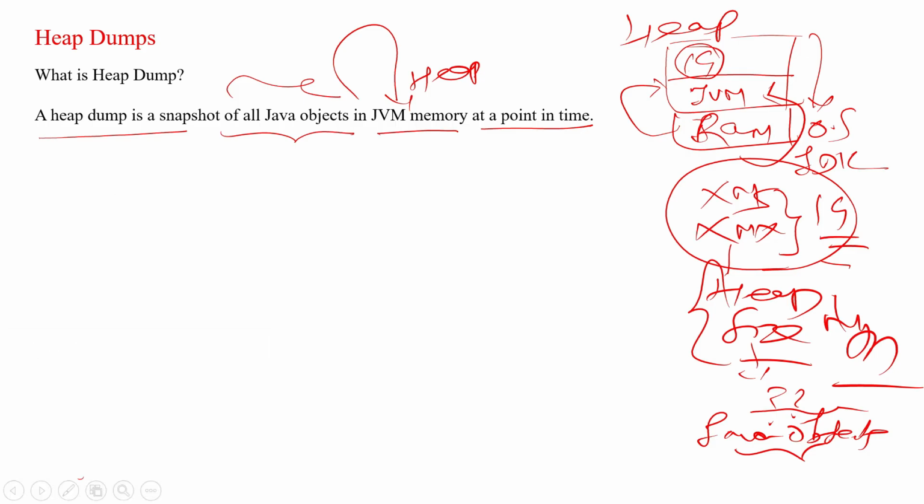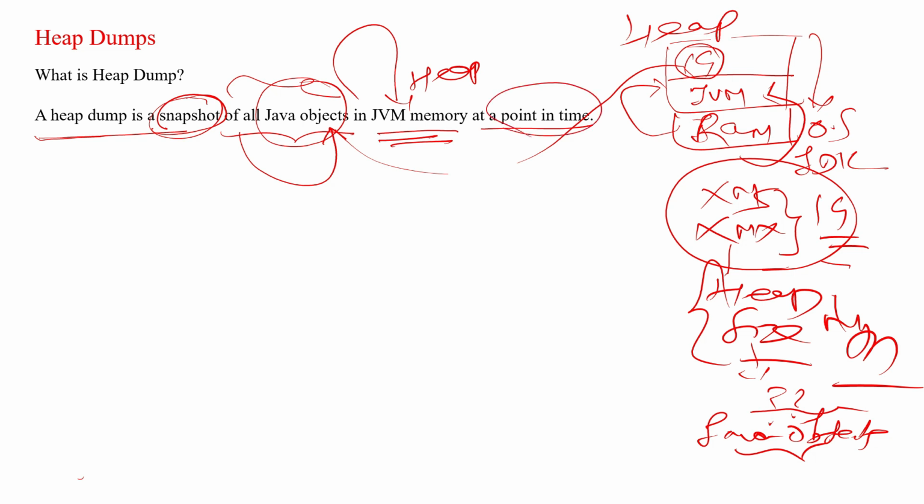So in that case, a heap dump is a snapshot of all Java objects in the JVM memory, right? That means at a particular moment, when your server is processing the request, there are multiple Java objects inside your JVM heap. So you can take the snapshot of the JVM at a particular time.